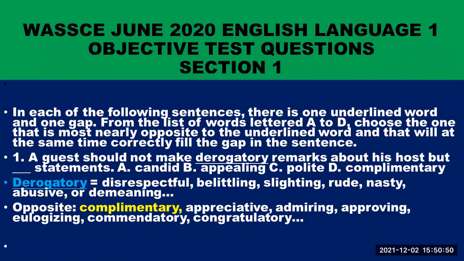We begin with section 1, and you can see WASSCE June 2020 English Language 1 objective test questions. In section 1, we are going to look at 3 years consecutively, all right, and see how the same pattern of questions occur, how similar questions occur in this section.